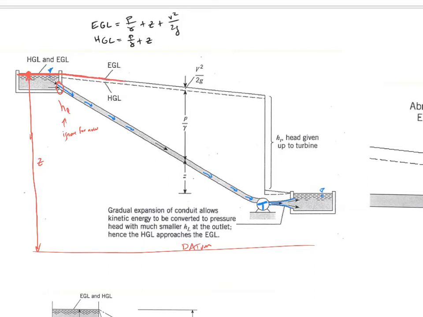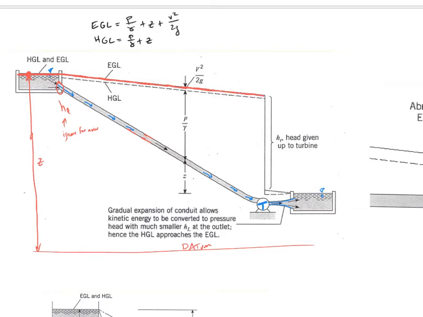Not a ton, but we're losing, because we're flowing along and there's friction in that pipe. So it's converting some of that useful energy, which is either elevation or pressure or velocity head, into heat, a non-useful form. So as we're cruising along, we're losing, and that's why this line is sloping downwards.